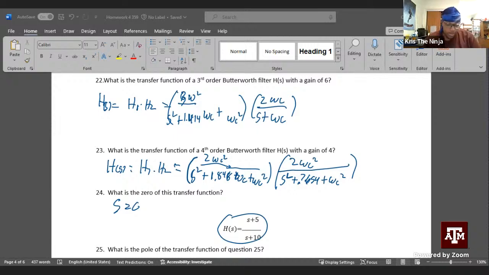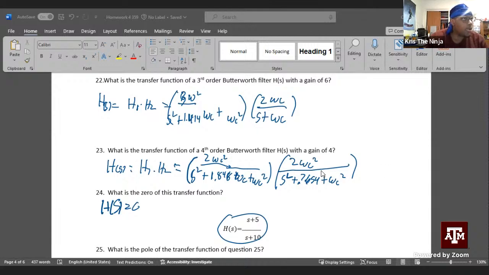Well, you can't make the denominator 0 because that gives you infinite. So the zero of this function is s equals -5. That's because it's added to a 5 at the top.